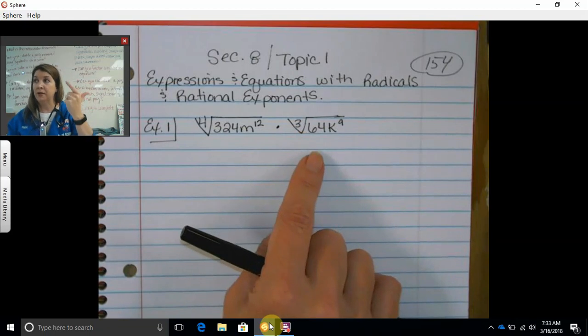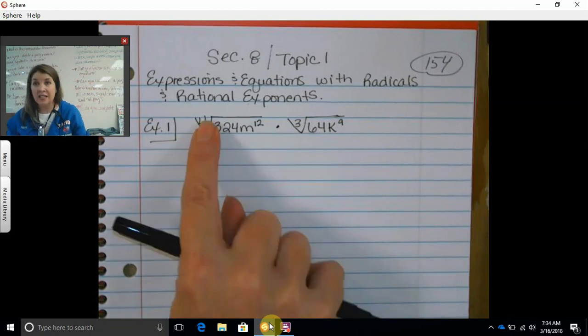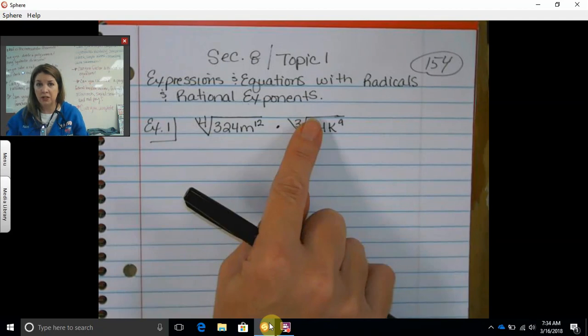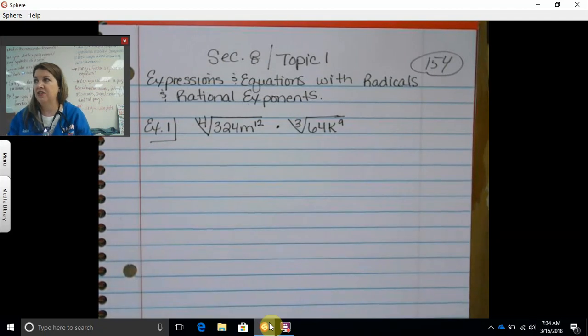So 3 times 3 times 3 is 27. Is 27 a perfect square? No, we can take the square root, it's going to be a decimal, right? But what's the cubed root of 27? 3. So that index tells you how many identical factors you need. Same sign, same number. Coolio?